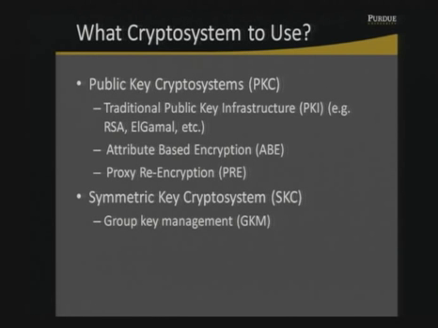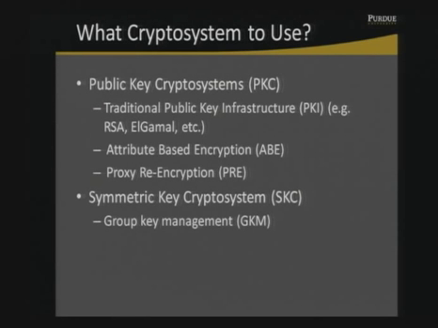In order to provide selective encryption, one of the critical decisions that you have to make is what kind of crypto system you should use to realize this. There are 2 main choices. Either you could use public key cryptography, or you can use symmetric key cryptography.